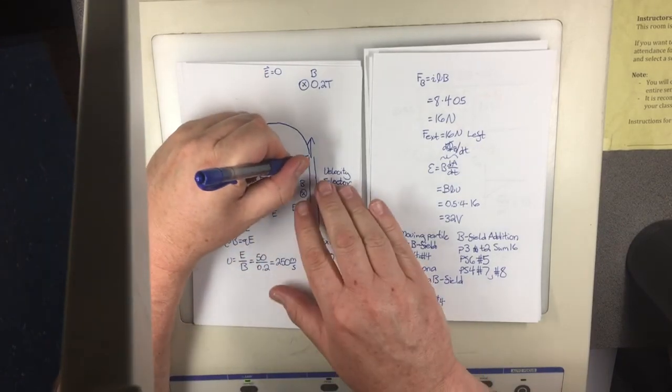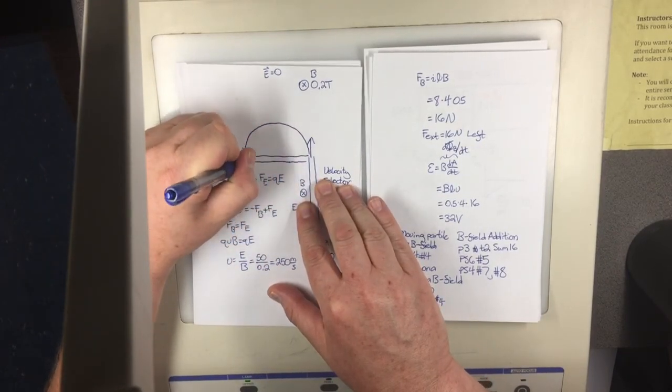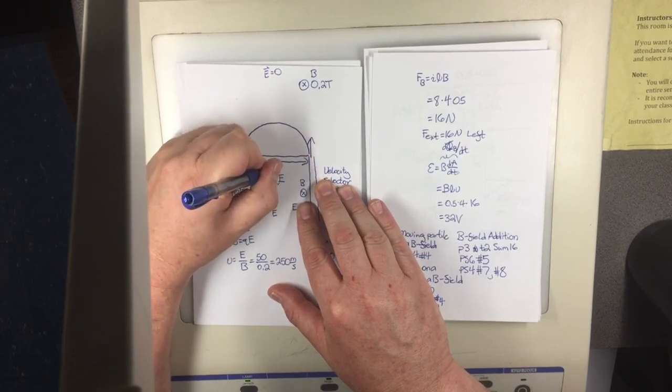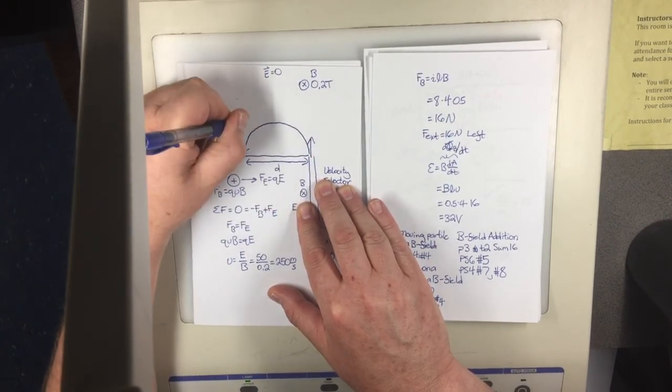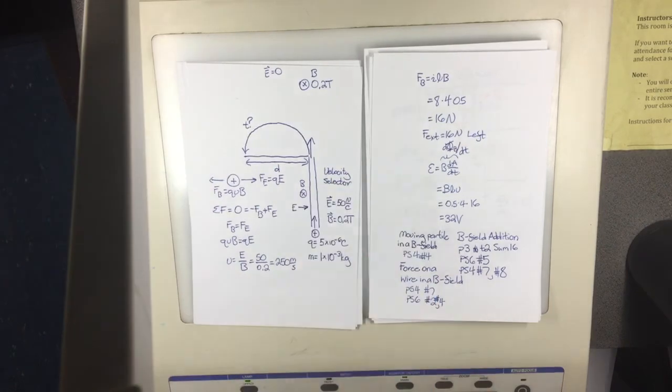The major questions now are, what is that distance d? And what's the time it took to travel and impact from the time it entered the magnetic field?